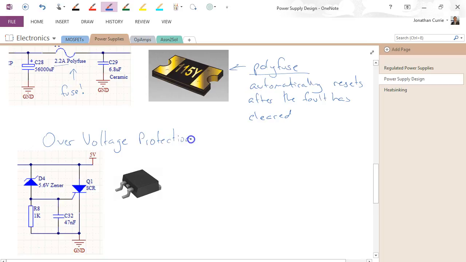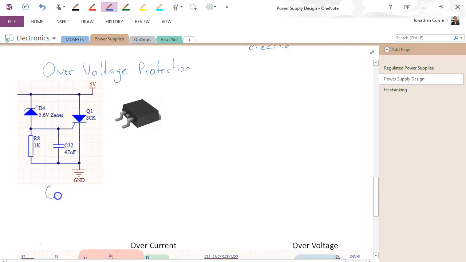And this circuit is what's known as a crowbar circuit, and basically how it works is that if the voltage across that Zener diode exceeds the Zener voltage, so in this case 5.6 volts, where we actually want 5 volts coming out, it's going to turn on this SCR, or silicon controlled rectifier, which is going to short out the 5 volt rail down to ground.